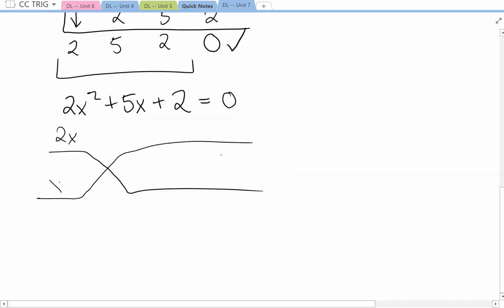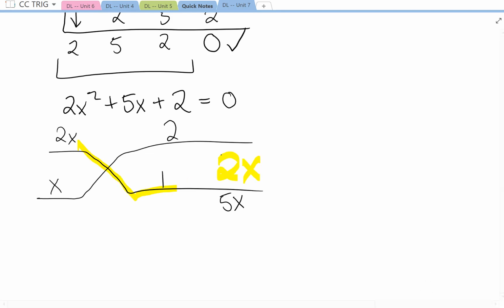2x times 1x gives me 2x squared, and 2 times 1 gives me 2. And whatever I get needs to add up to be positive 5x. So multiplying across the diagonal, you get 2x times 1 is 2x, and x times 2 is 2x, but those aren't going to add up to be 5x.